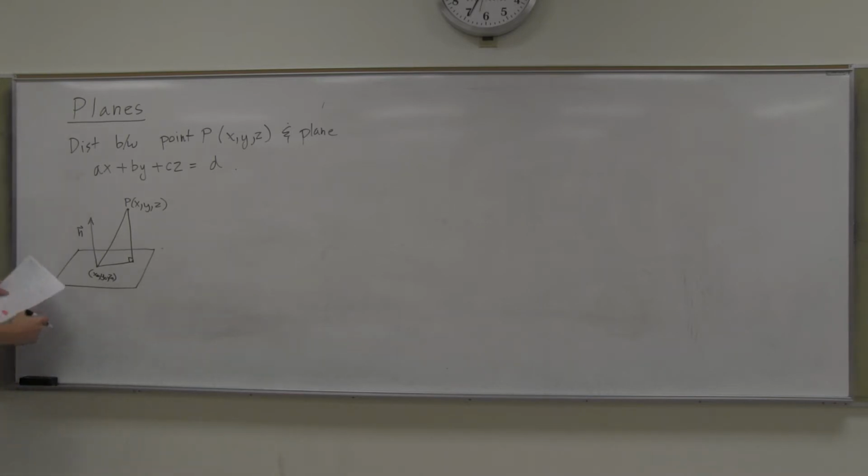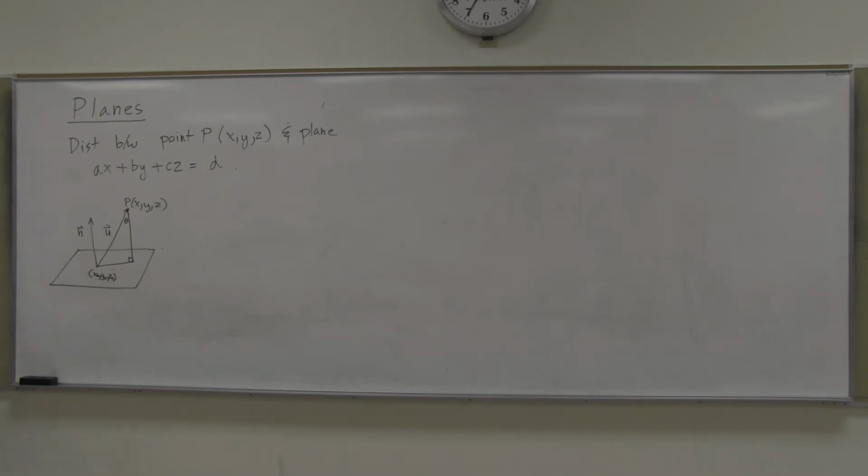Now, what we can establish is this angle, theta. And let's call this a vector u, because that's going to be the vector from that point in the plane, doesn't matter where, to that point x, y, z. That's our vector u, like we called it on our previous example.